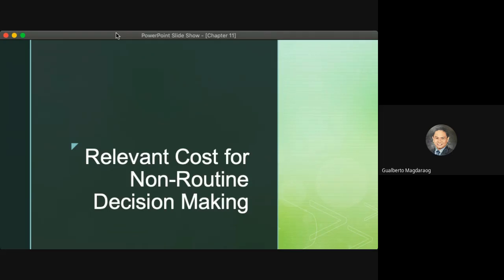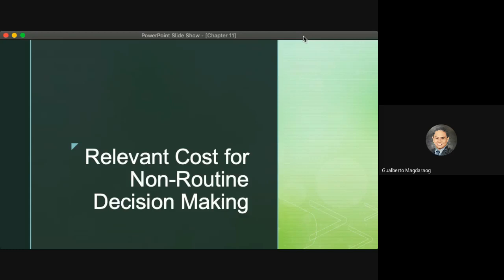Our topic for today is relevant cost for non-routine decision making. So, in short, the decision making that we will be doing is applicable to non-routine activities inside an organization or a business. And out of those non-routine activities, we have to make a decision, we have to be able to select which costs are relevant.